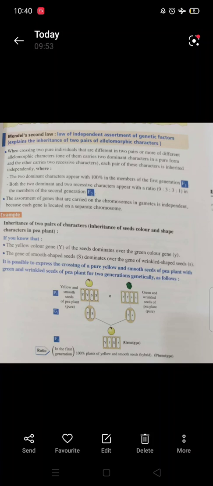Here we have a fertilization between yellow and smooth seeds and green wrinkled seeds. We must know that yellow is dominant over green and smooth is dominant over wrinkled. The first generation, according to Mendel's law, will be 100% dominant trait, meaning yellow and smooth.